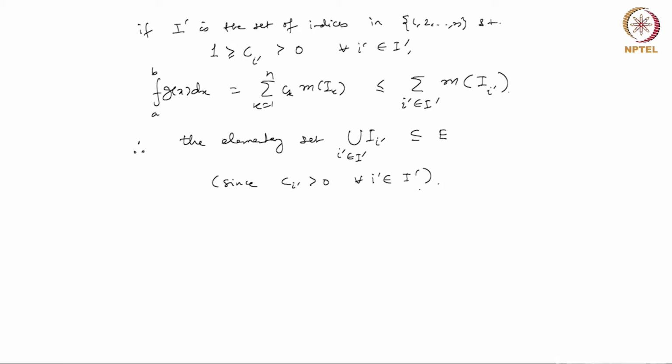So we have produced an elementary set which sits inside E, and the Riemann-Darboux integral of g is bounded above by the elementary measure of the union of I_i'. So this is our required elementary set that we needed, which sits inside E.